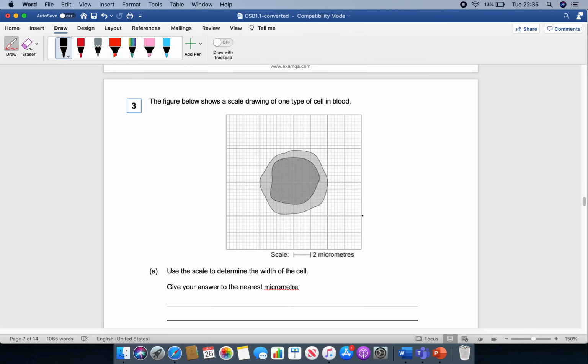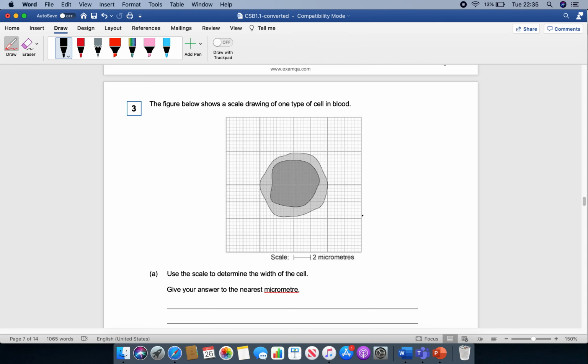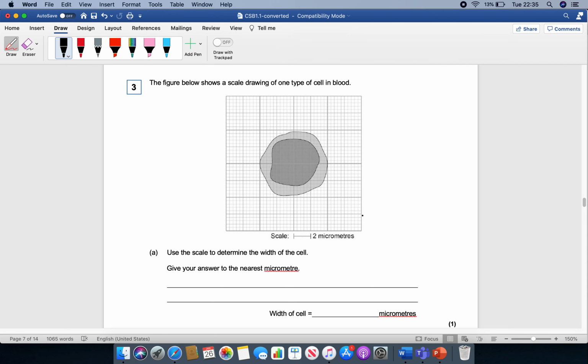Next question. The figure below shows a scale drawing of one type of cell in blood. Use the scale to determine the width of the cell. Give your answer to the nearest micrometer. You can see the scale over here. We know that this is going to be 2 micrometers.